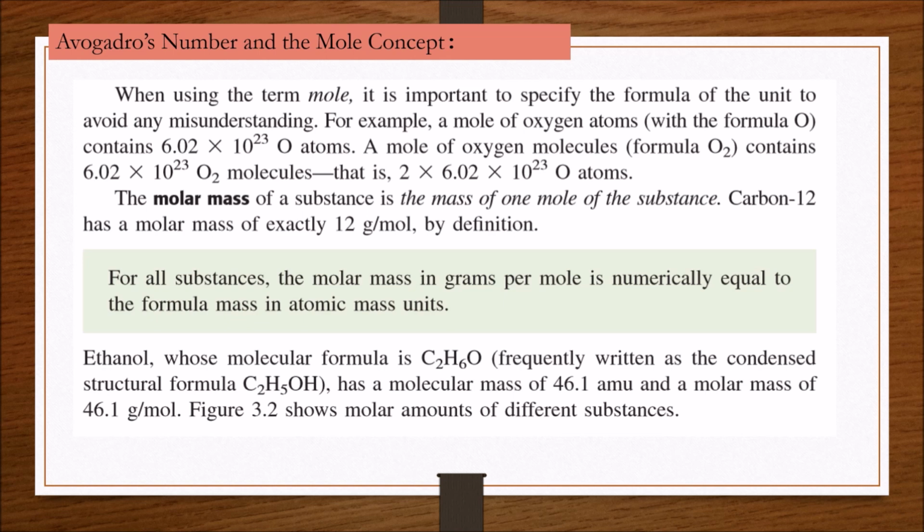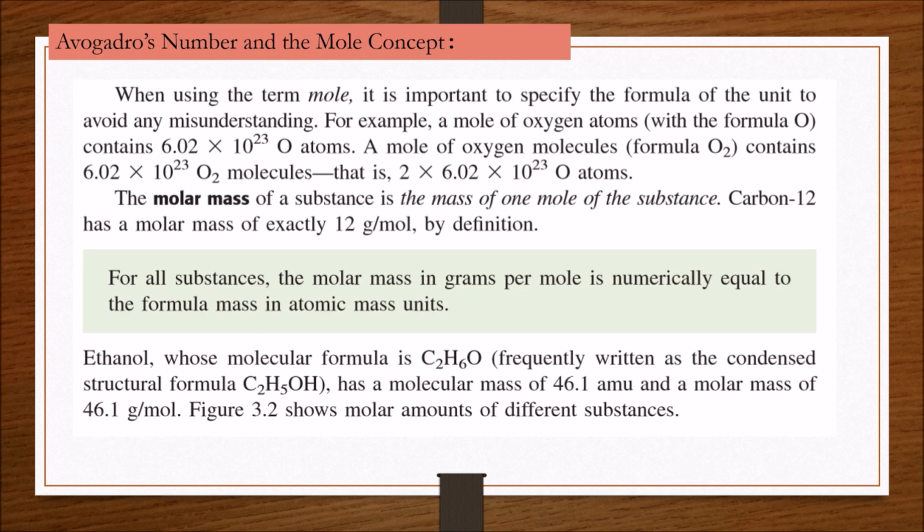Okay? So the molar mass of a substance is the mass of 1 mole of the substance. Carbon 12 has a molar mass of exactly 12 grams per mole by definition.